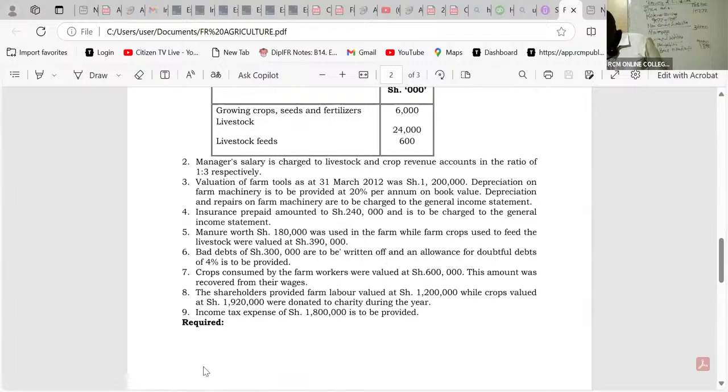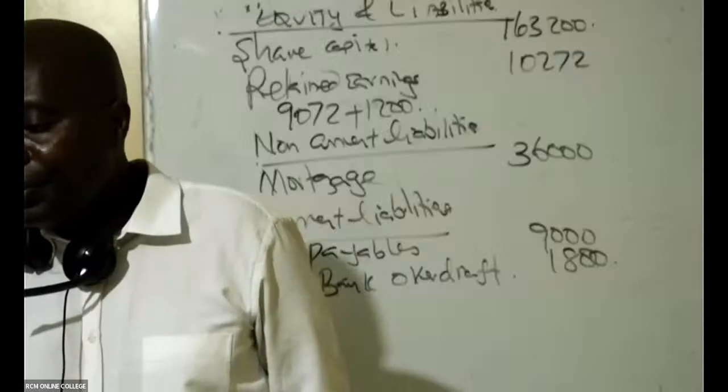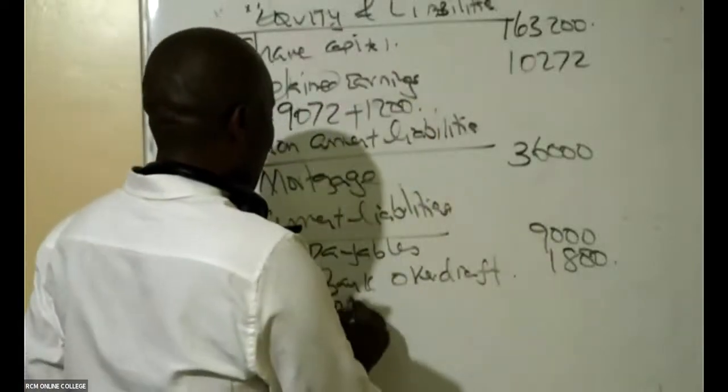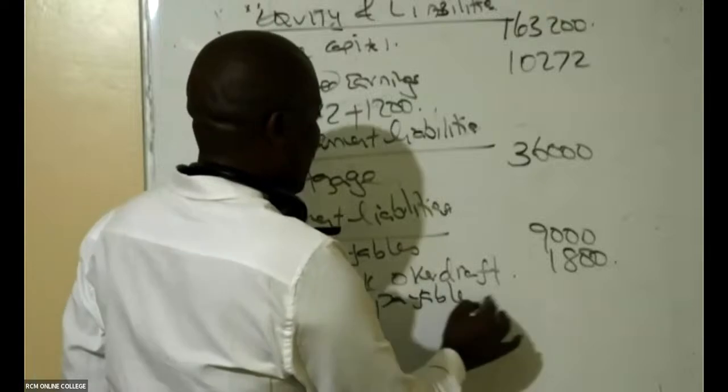Income tax expense is 1,800, and it is to be provided. It has not been paid. Normally we compute tax at the end of the year, and then we pay the following year. So it's tax payable.